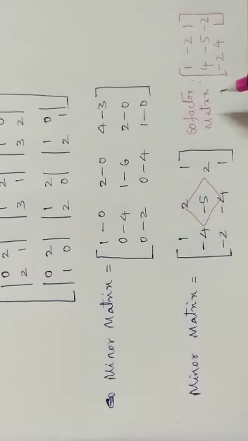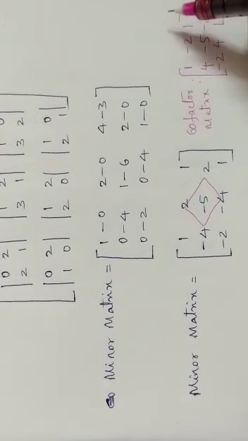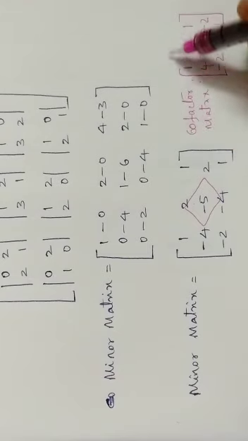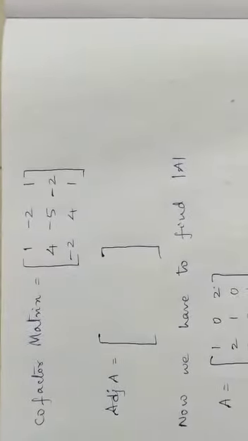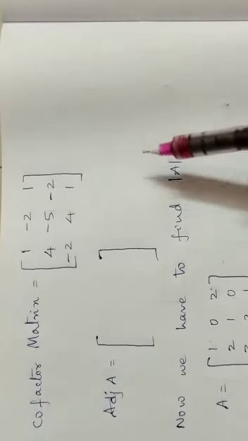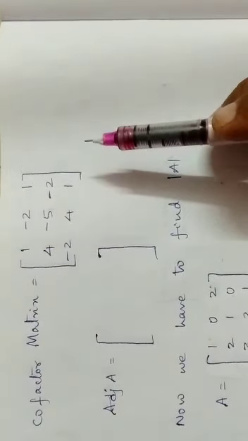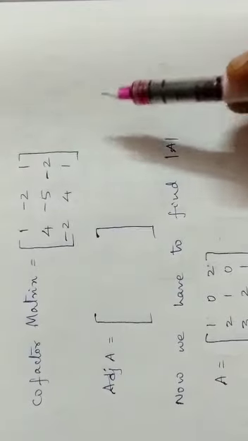Now, adjoint. What is the definition of the adjoint matrix? Transpose of the cofactor matrix. If you transpose this cofactor matrix, you will get the adjoint matrix. So this is the cofactor matrix. Now adjoint.